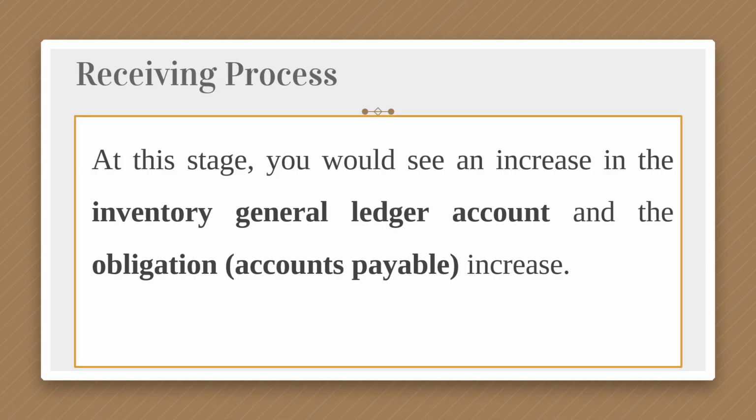In this stage of the receiving process, we recognize the increase of the inventory in the general ledger account, because we are receiving inventory, so we need to increase the total balance of the inventory. We also need to increase the obligations and liabilities in the accounts payable ledger, because we are required to pay them, so we need to recognize the liabilities to the vendors and suppliers.